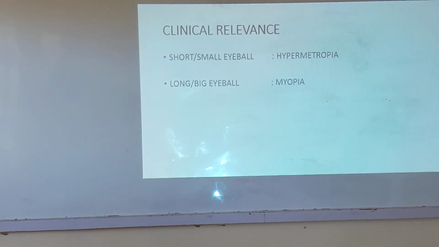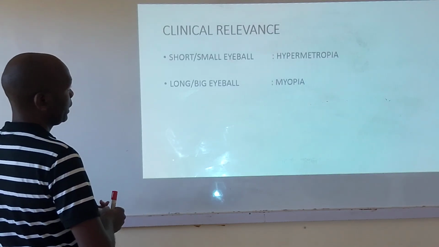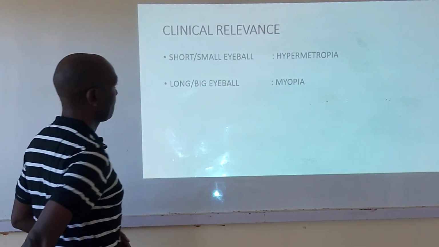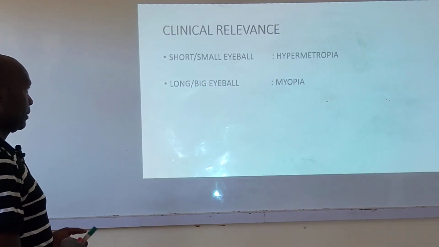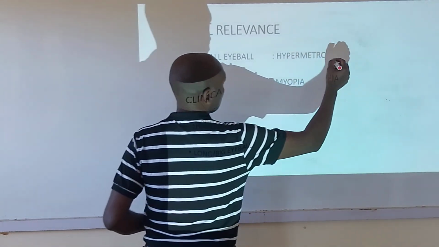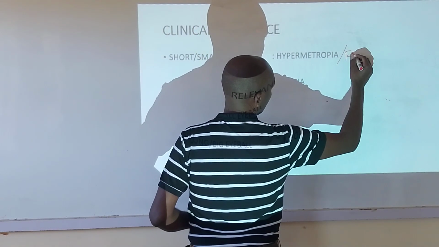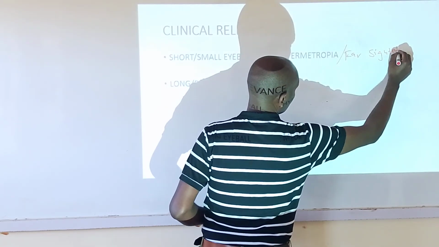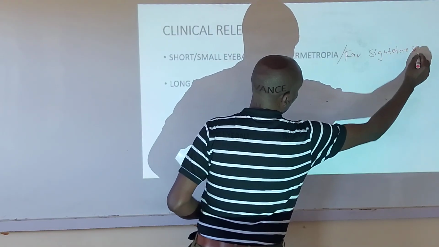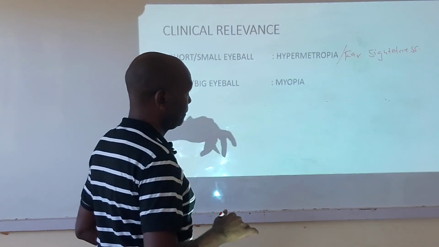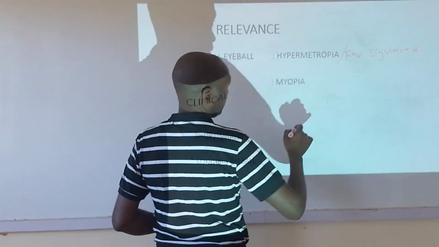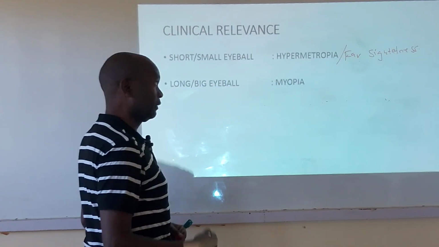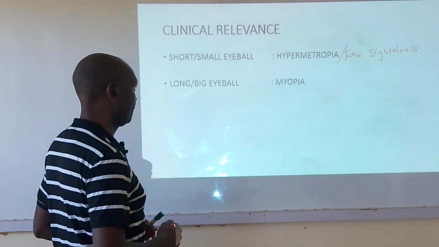So when you have a short eyeball, you get hypermetropia, and hypermetropia we say is just farsightedness. These are people who can see far clearly, and when the object is moved near, they find it difficult to see it clearly.